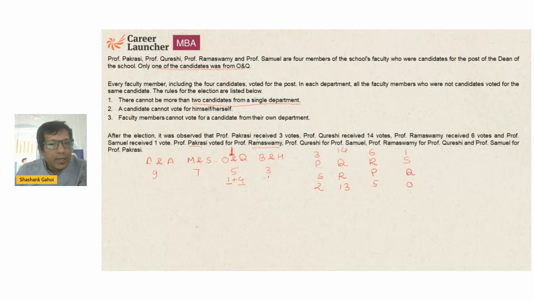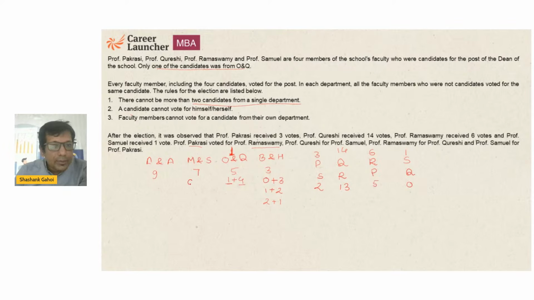Now, B and H can have 0 candidates. So 0 candidates plus 3 non-candidates, so all three are going to vote for the same person. 1 plus 2, 1 candidate and 2 non-candidates. Okay. 2 plus 1, 2 candidates, 1 non-candidate. Okay.